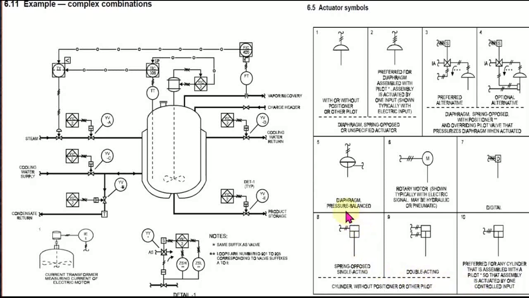We have also here the diaphragm type. A lot of actuators. In here I see this is a piston actuator, piston cylinder actuator. So that is the application of the different symbols to the diagram used in automation engineering.